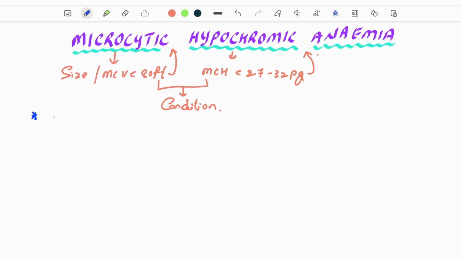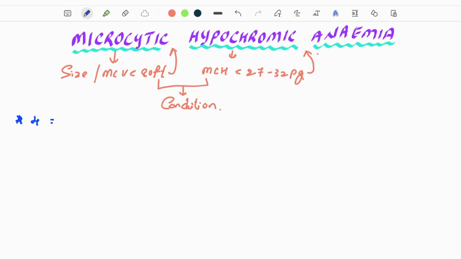And there are four situations. We remember it with a mnemonic called as SITA. So there are four conditions in which we can see microcytic hypochromic anemias, and they can be remembered with the mnemonic called as SITA.